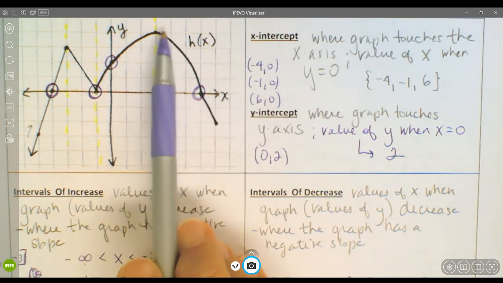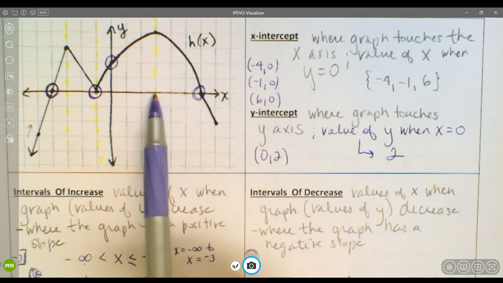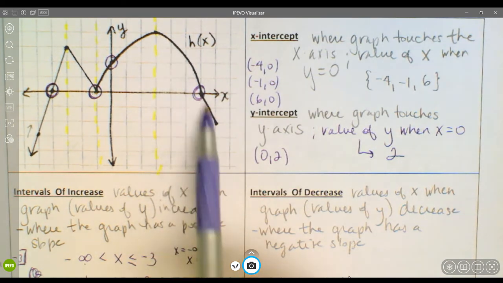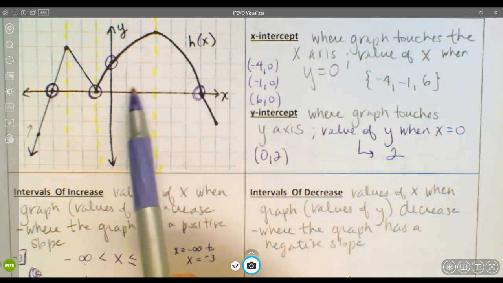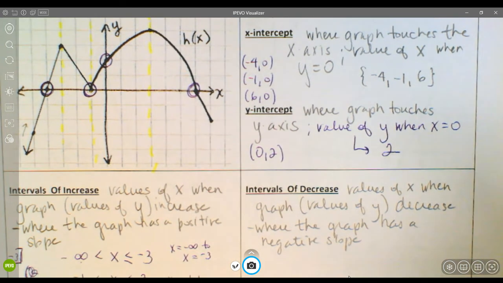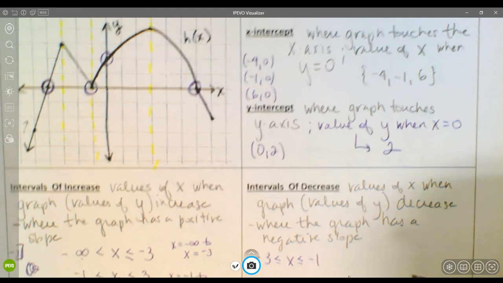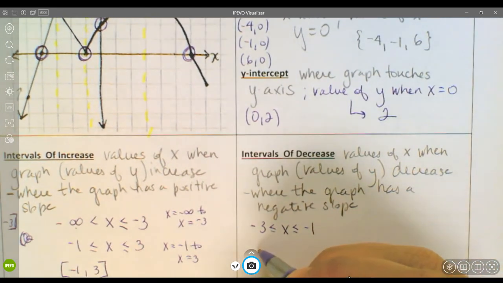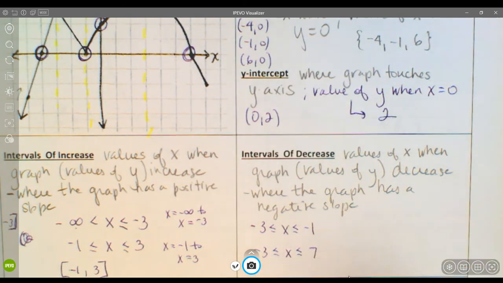And then my graph decreases from x equals 3 to here. And what's this x coordinate? 1, 2, 3, 4, 5, 6, 7. So it looks like we're going to go from -3 to -1, and then from 3 to 7.